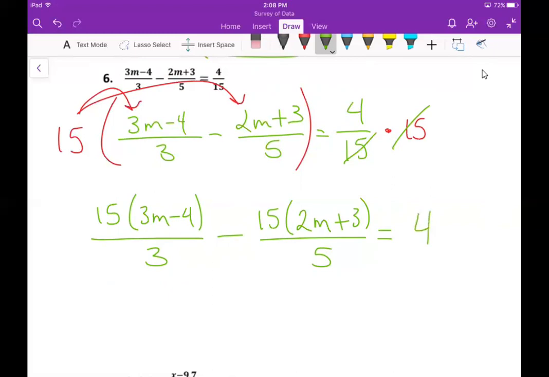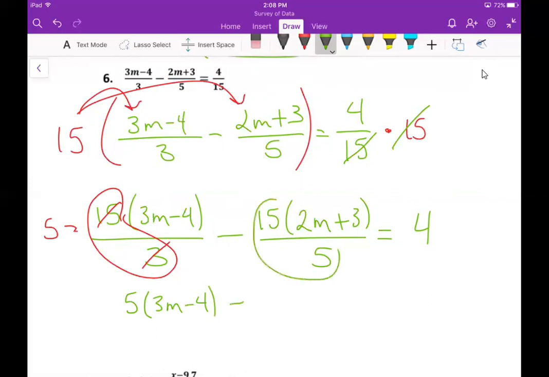But the whole reason we multiplied by 15 on the left is because 15 over 3 becomes 5, right? 15 cancels with the 3, and we have the 5 left. So this equation is actually 5 times 3m minus 4 minus, and 15 divided by 5 here becomes a 3. So minus 3 times 2m plus 3 equals 4.